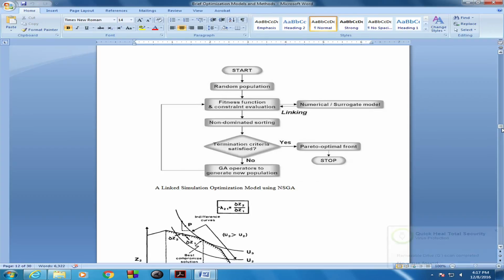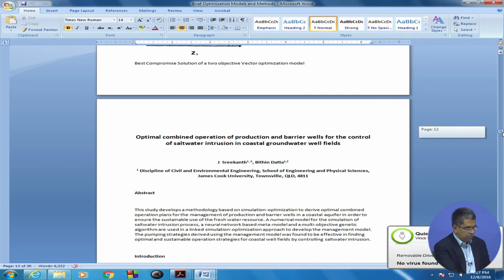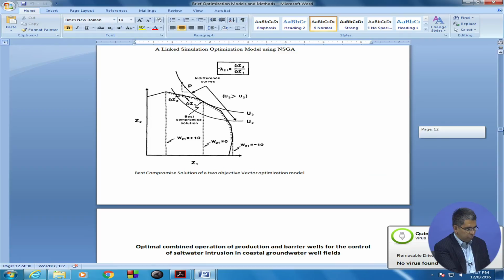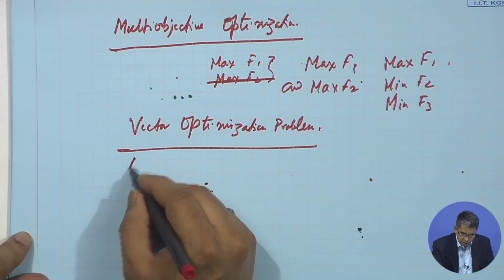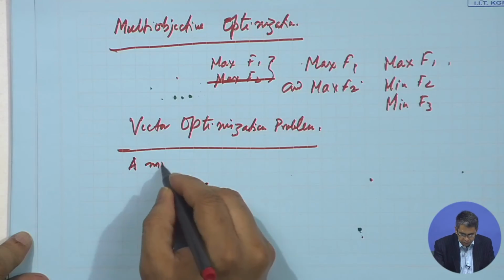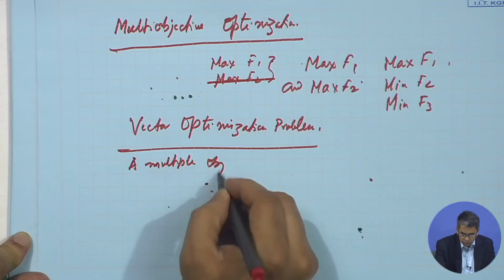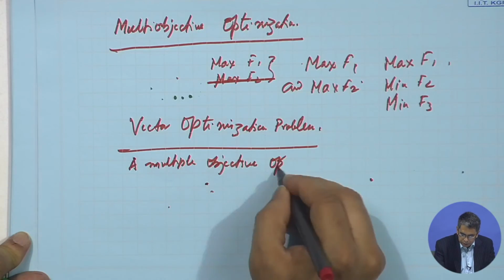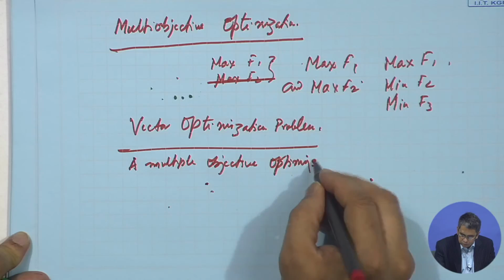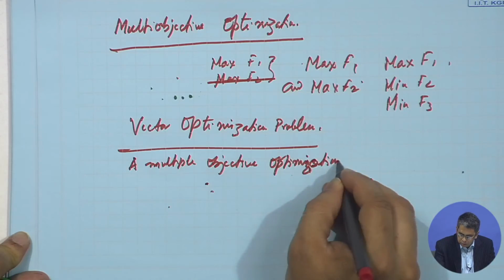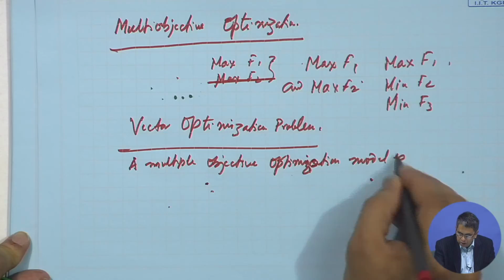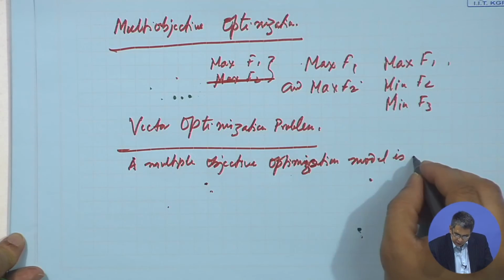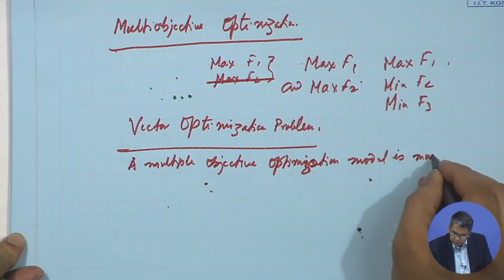Yes, so I would like to... so that means you now have not only one objective function, but two. Now, a multiple objective optimization model is actually multiple objective.